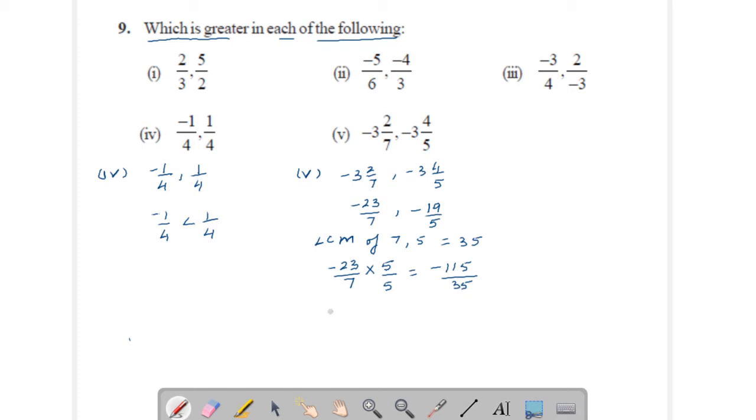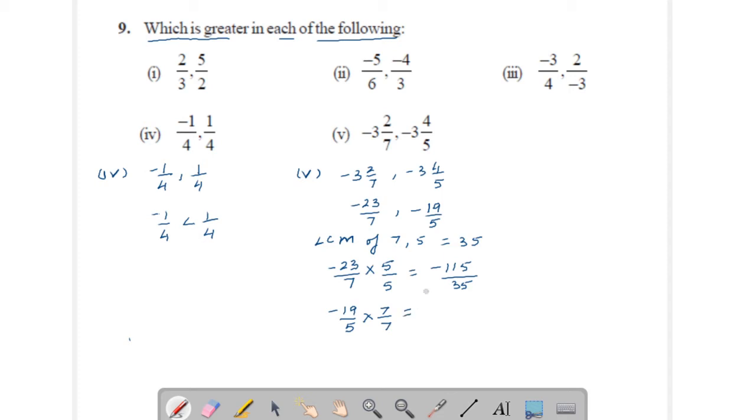Then take second rational number minus 19 upon 5. Here denominator is 5. So divide 35 by 5. You will get 7. Multiply by 7 in numerator and denominator.